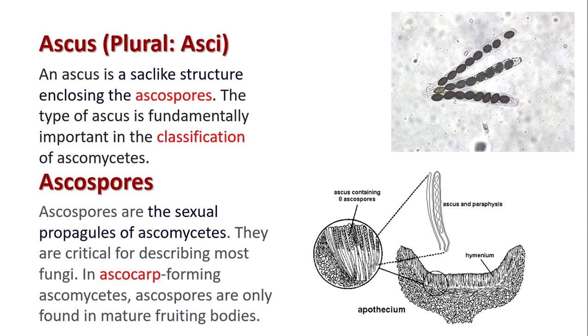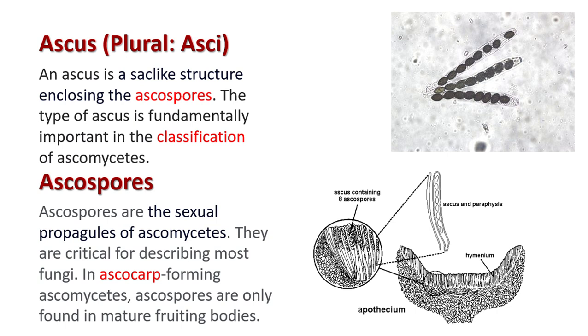So next is the asci, or ascus. That is the characteristic feature of ascomycetes. An ascus is a sac-like structure enclosing the ascospores. Different types of ascus are the fundamental features which are used in the classification of different ascomycetes.